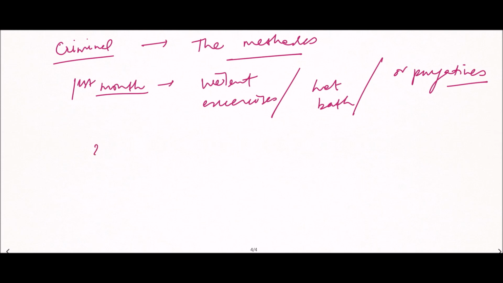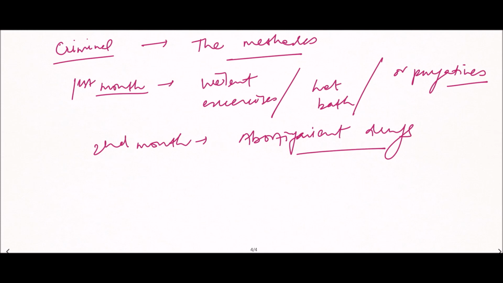Up to second month, abortion can be caused by use of abortifacient drugs. So abortifacient drugs are responsible for abortion in second month of pregnancy.